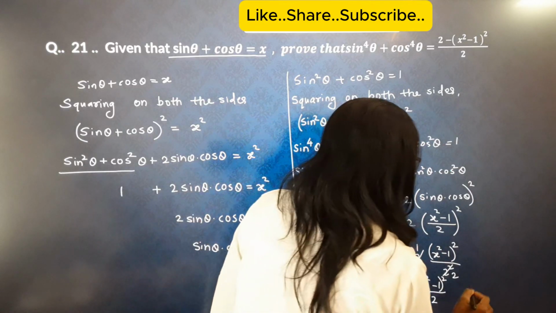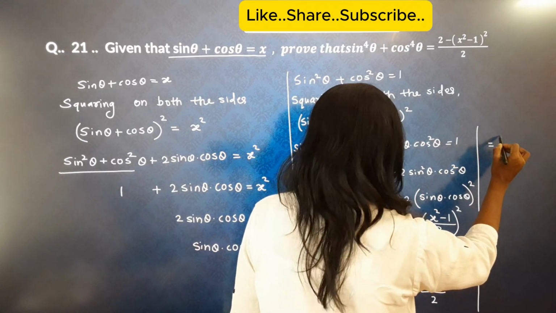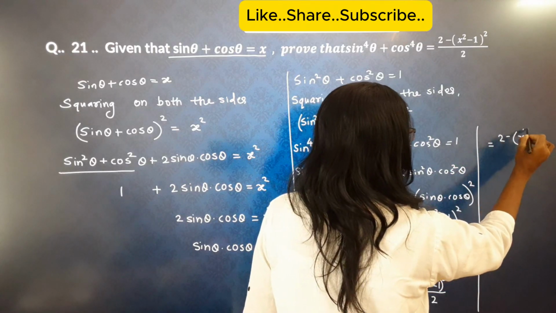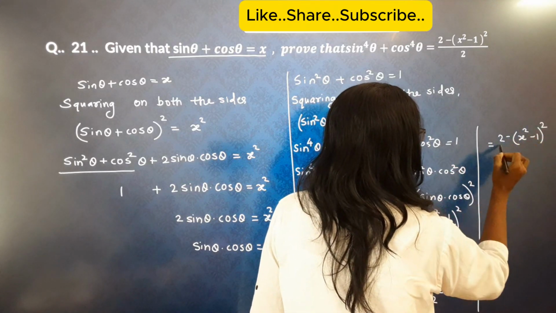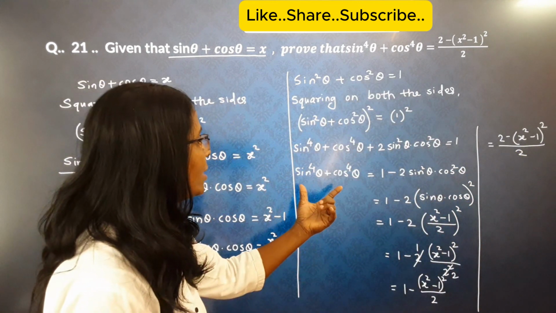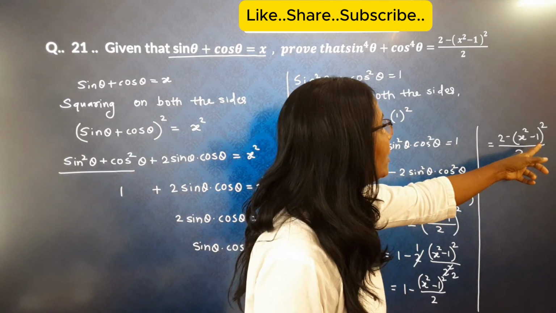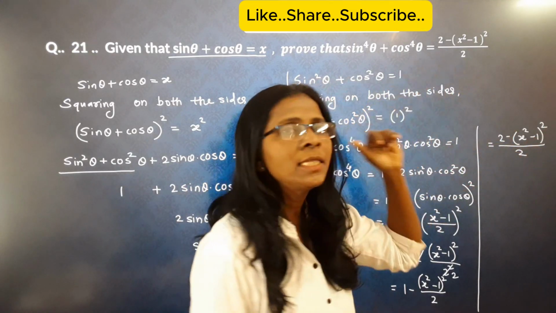So that means here we can simplify further, that is the 2 minus x square minus 1 whole bracket square upon 2. Okay, so this will be the sin raised to 4 theta plus cos raised to 4 theta is equal to 2 minus x square minus 1 whole bracket square upon 2. Hence, it is proved.